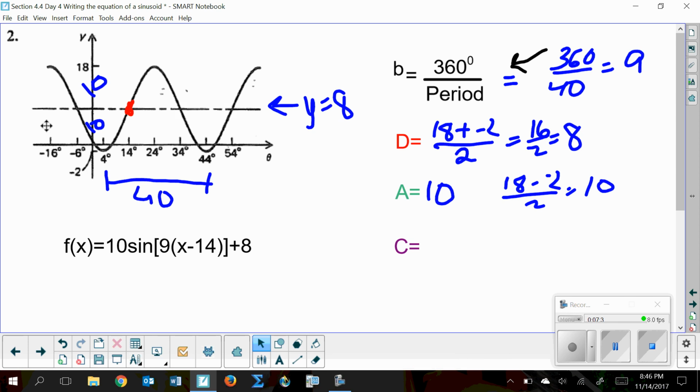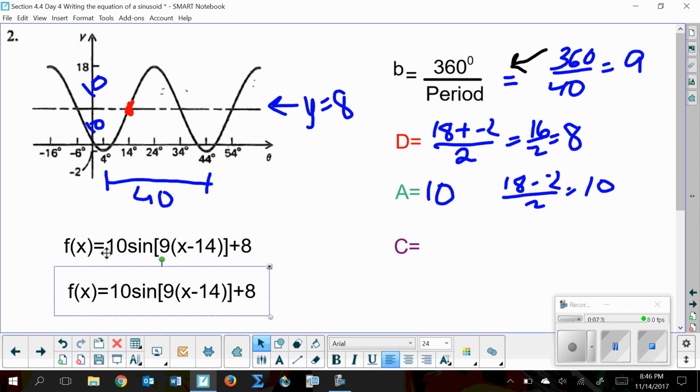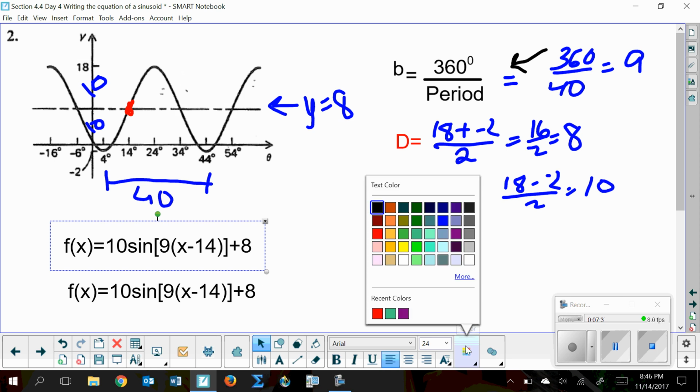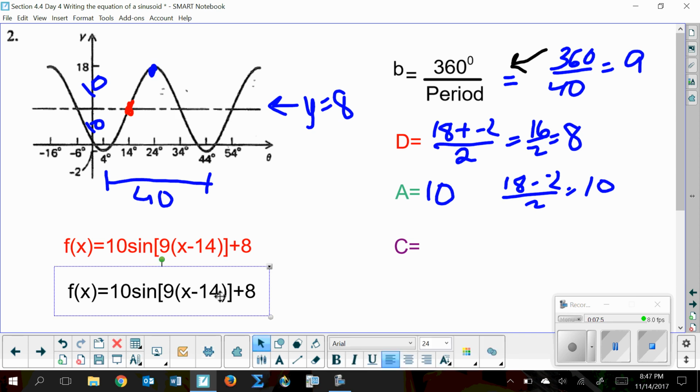I'm going to copy and paste this, and then we'll come up with another one. I'm going to make this one red because that's the red function where we started. Now what if I were to start the graph at the top here? I'm going to make this equation blue.